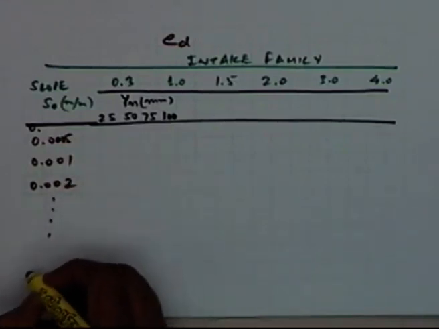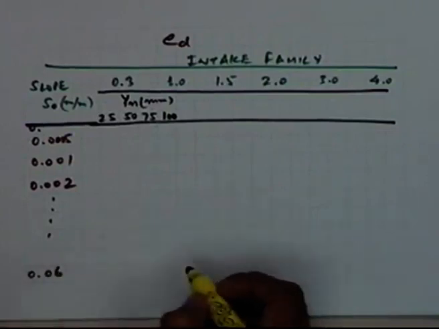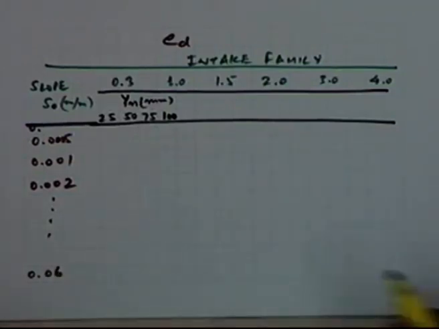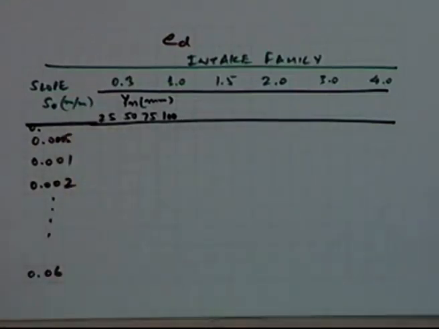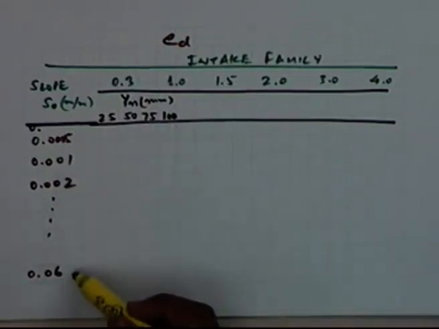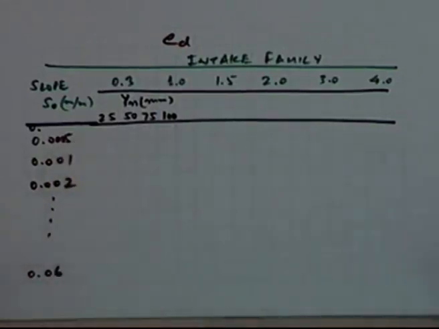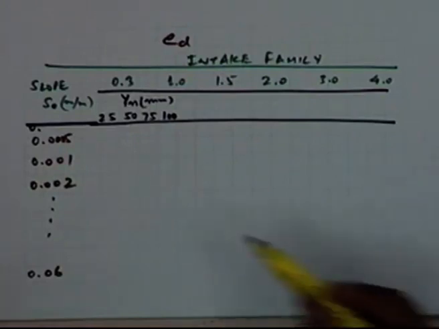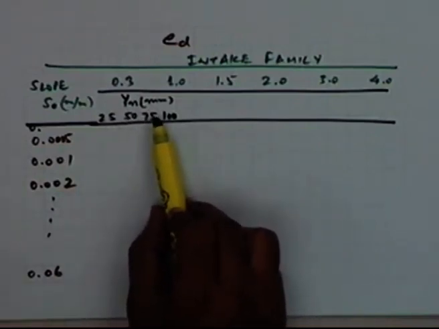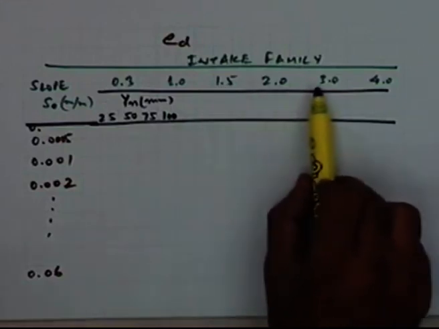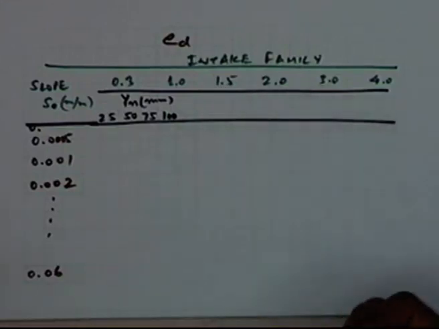You might go up to around 6%, and here we are using it in meters per meter. So in terms of percentage, this will be 6%, this will be 0.05%. For these slopes, for a specific value of the depth of application and for a specific value of the intake family, there are some recommended efficiencies, which are the design efficiencies, which are achievable efficiencies.